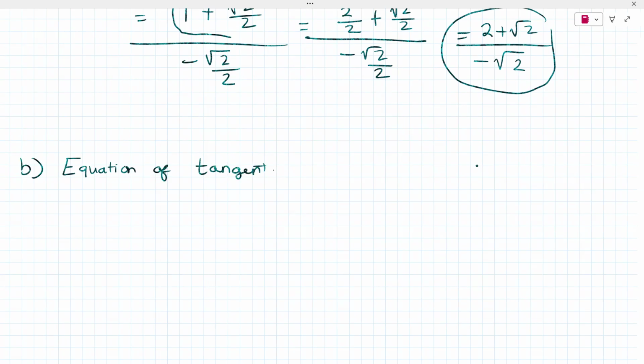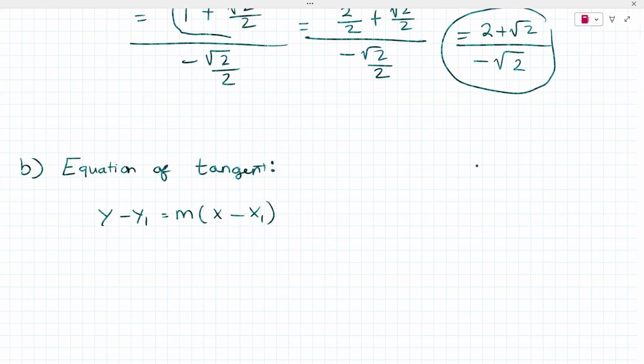So that is going to be y minus y1 equals m times x minus x1. So what do we have? We have the m, right?